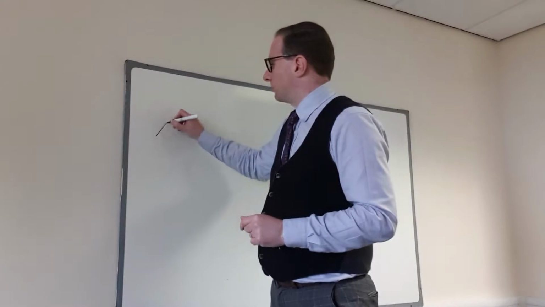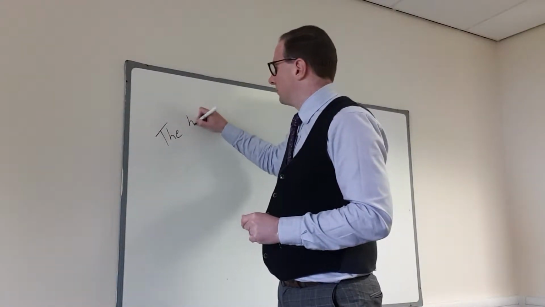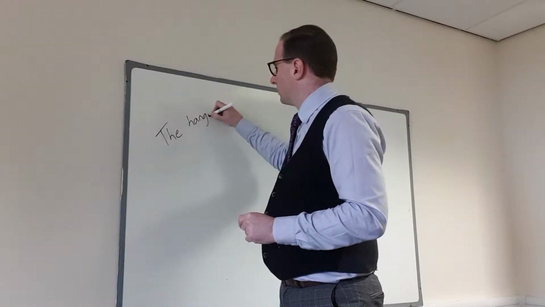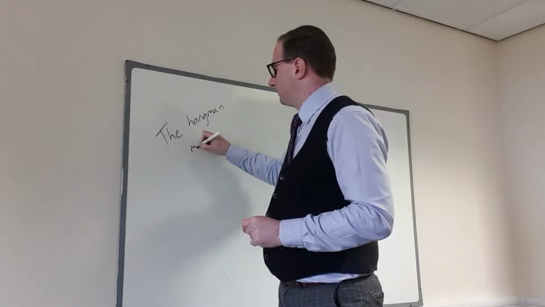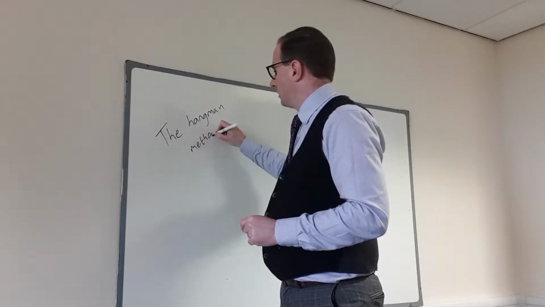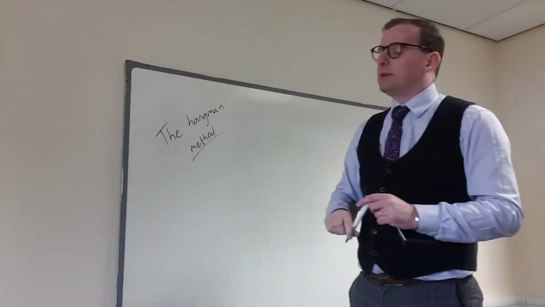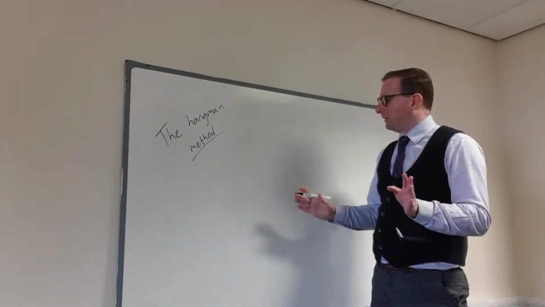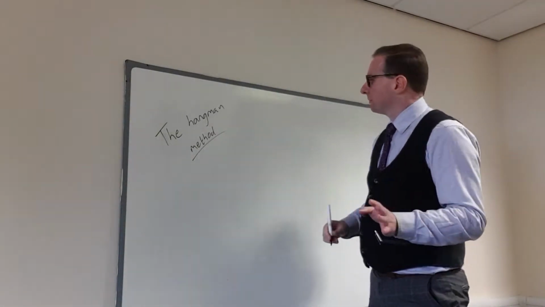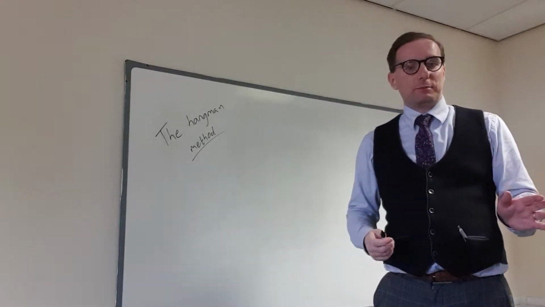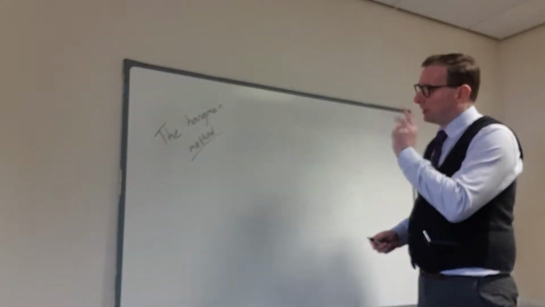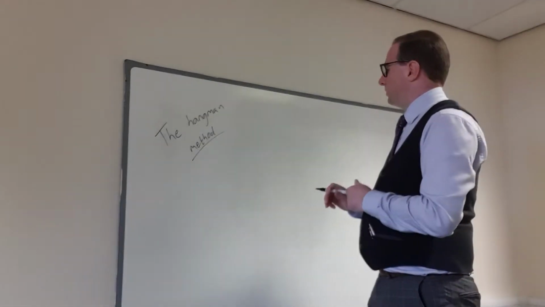The concept is the hangman method. Now, this doesn't involve me hanging anybody out to dry. However, if you don't pick it up and pass your exams, I will be hanging you up, stringing you up.